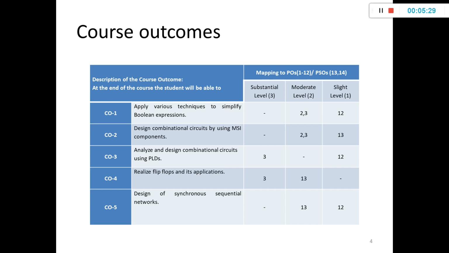Next, coming to CO5: design of synchronous sequential network. Synchronous means that at the same instant of time we have the output. And a sequential network contains a feedback and contains a memory element.